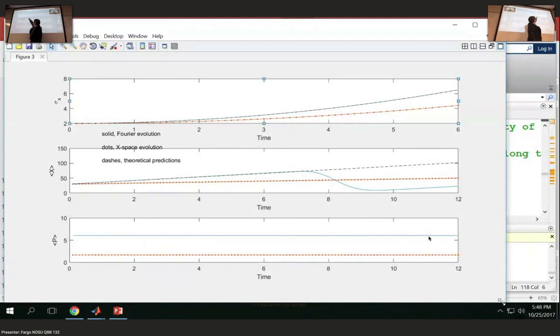So this broadening is going on quadratically.